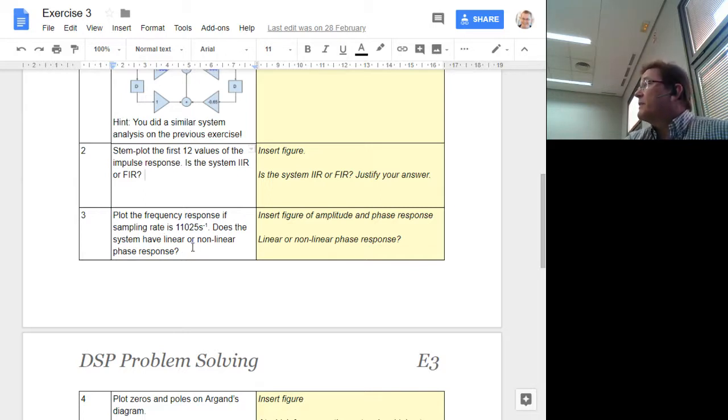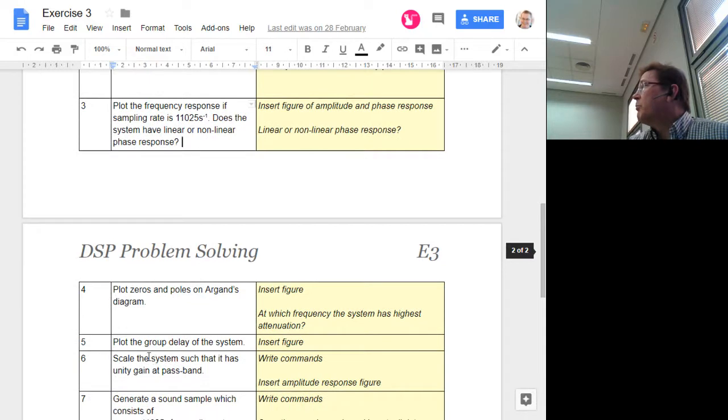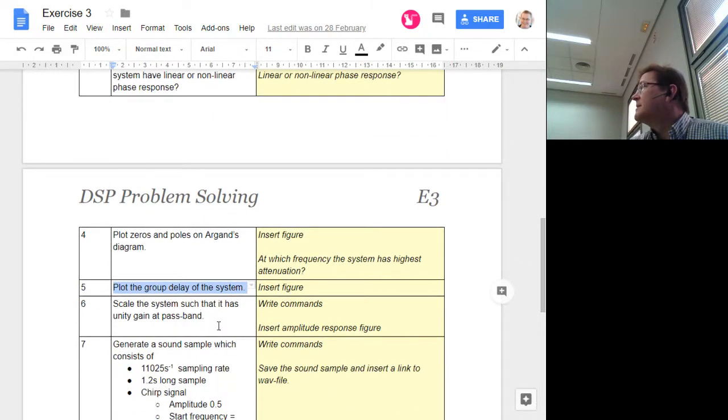And then plot the frequency response at given sample rate, and then does the system have linear or nonlinear phase response. Then again, plot zeros and poles on Argand's diagram. Plot the group delay of the system.